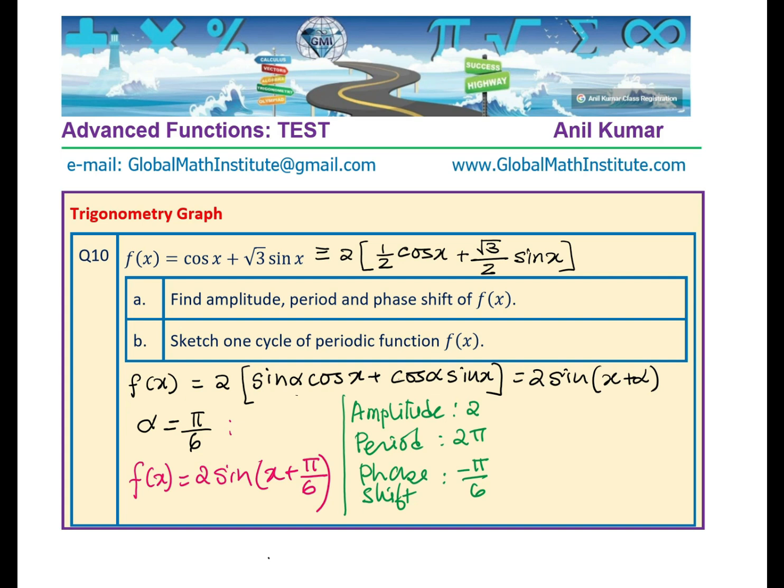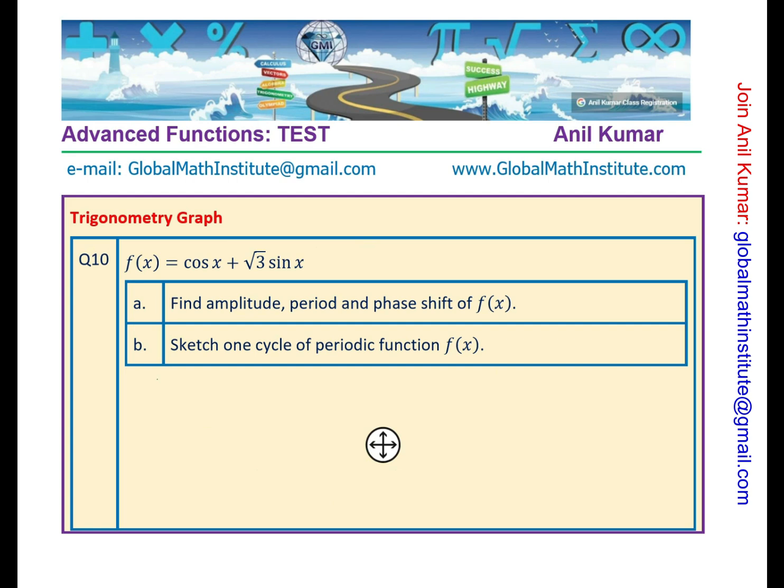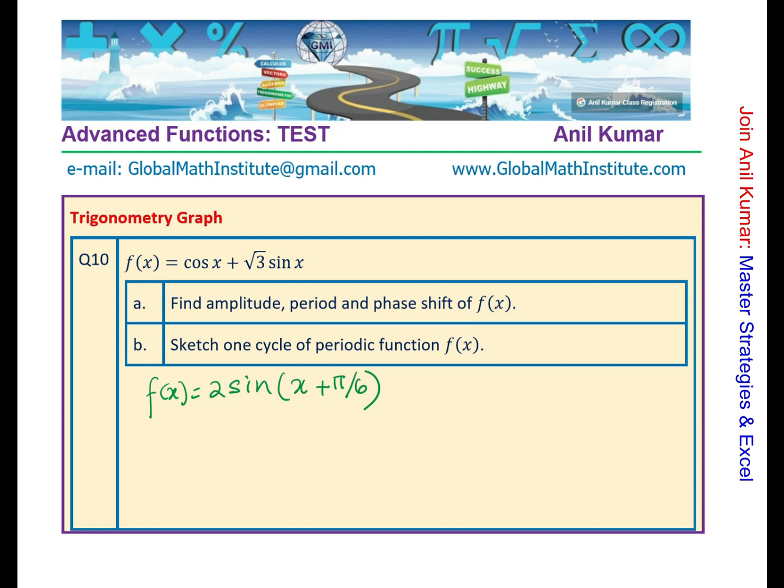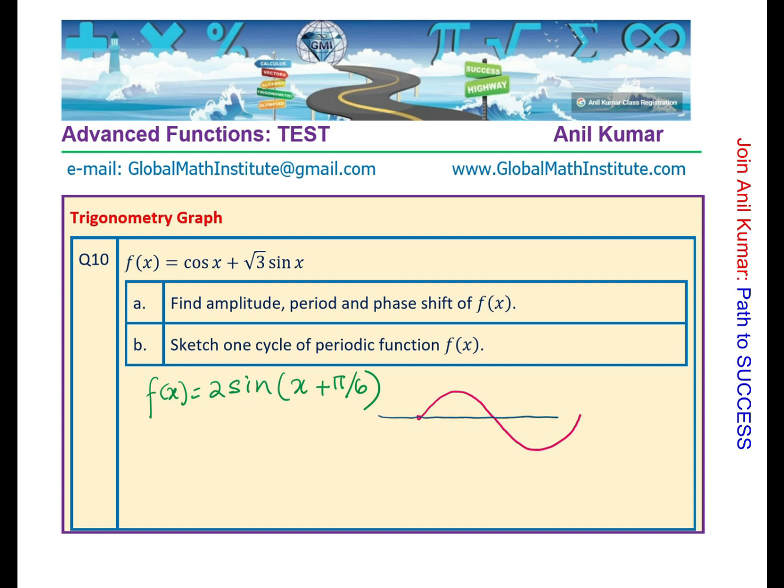So we can rewrite our equation, which is f of x equals 2 times sine of x plus pi by 6. So basically, when you sketch this function, one wave of sine starts at minus pi by 6, right? So this coordinate point here will be minus pi by 6.